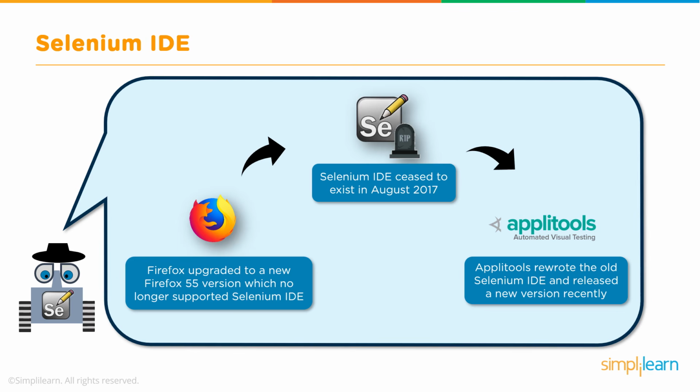However, very recently, an all-new Selenium IDE has been launched by Applitools. They have also made it cross-browser, so you can install the extension on Chrome as well as an add-on on the Firefox browser. They completely revamped the IDE code and now it is available on GitHub under the Apache 2.0 license. And for the demos today, we'll be looking at the new IDE.